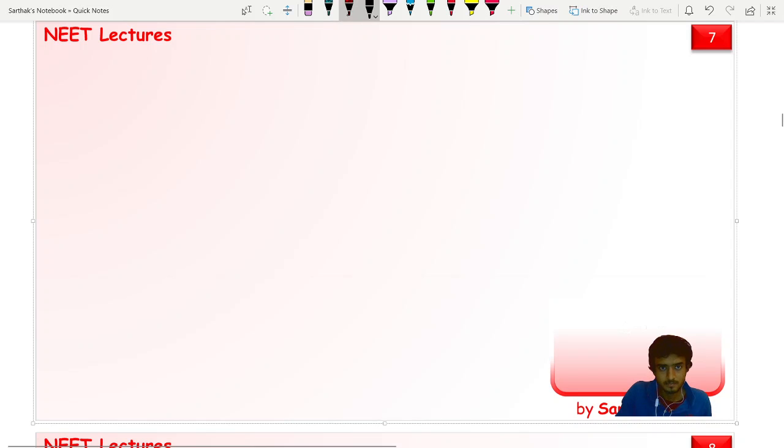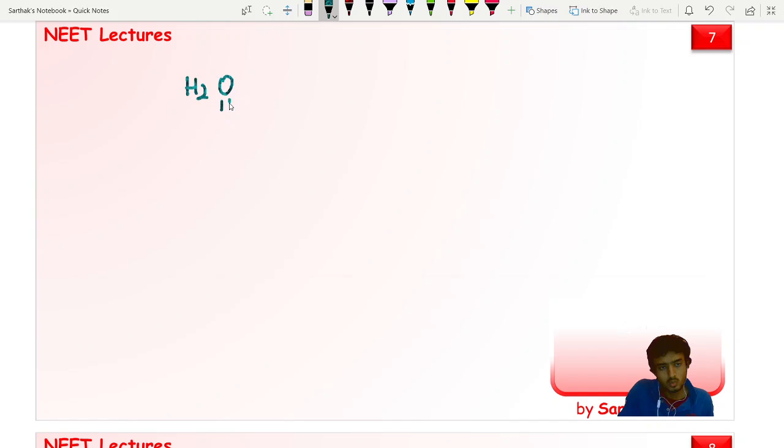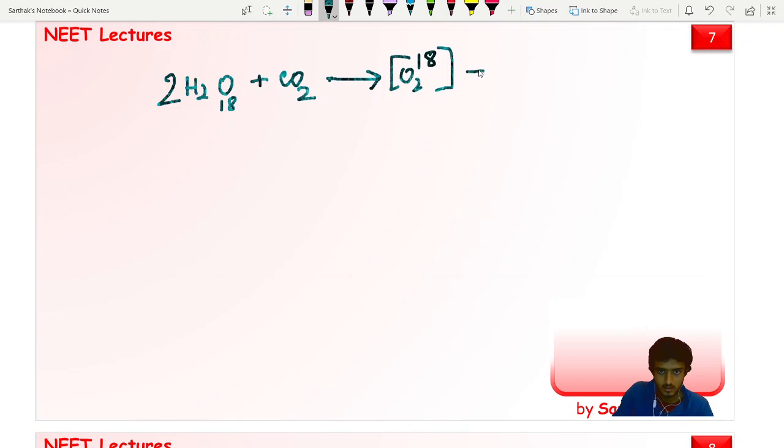He took H2O18 plus CO2 in the reaction, and he saw that the O2 which is evolved is also O18, plus CH2O, this is carbohydrate, plus water.